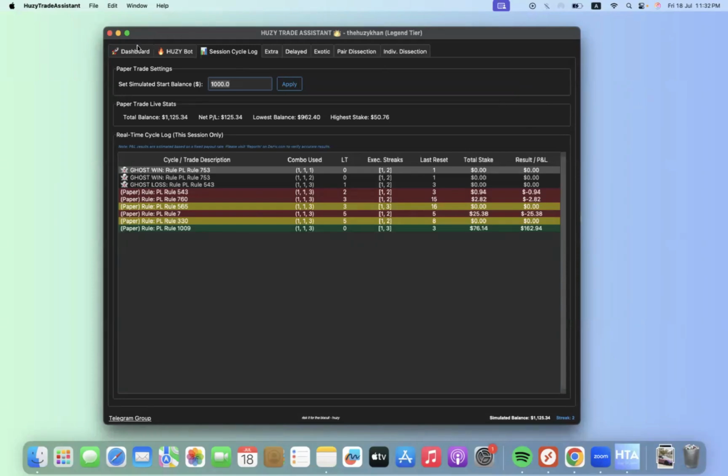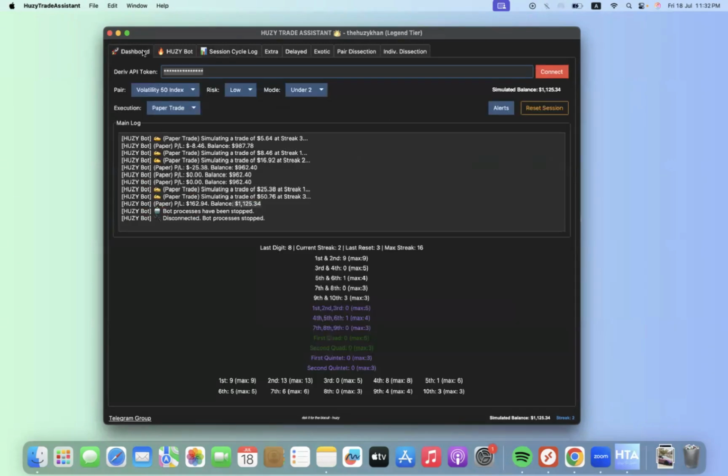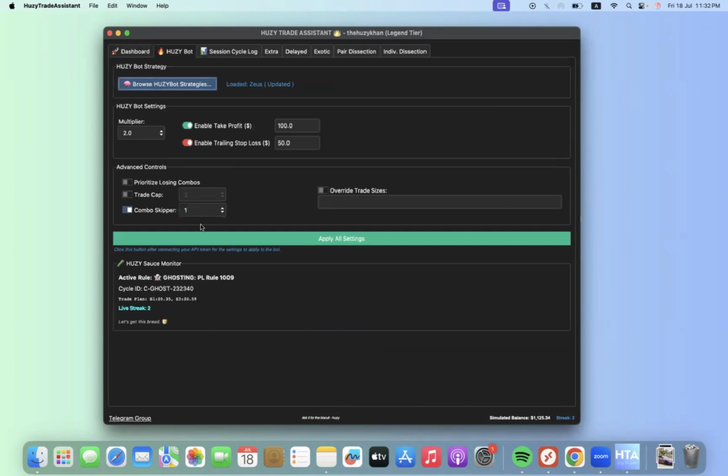How that would benefit you is that when you start trading and just let it run for a long amount of time, the rules are going to have the most minimum trade sizes possible, 0.35, 0.59. These are the ones which I've fed to them. If every combo gets filled, only 0.35, 0.59 would be lost. And we know not every combo is going to fill. Not possible. So that's what you've got to keep in mind.